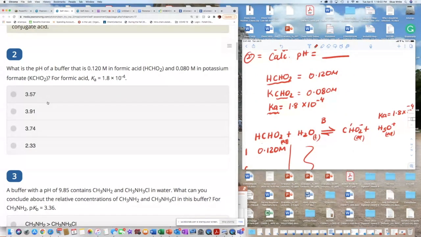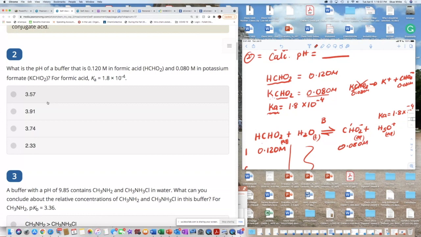Where do I get this number? Please notice this formula. This is a salt. So when KCHO2 gets in water, it breaks apart to form K plus and CHO2 minus. This is completely gone. So whatever amount of this we had, 0.080 molar, forms this amount here, 0.080 molar.